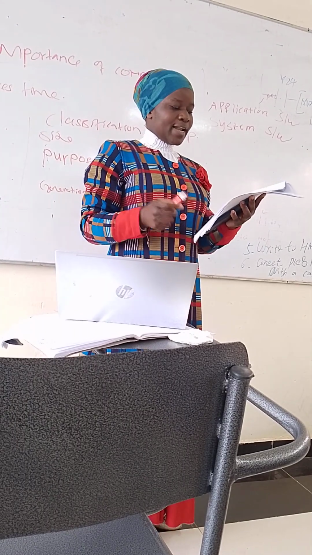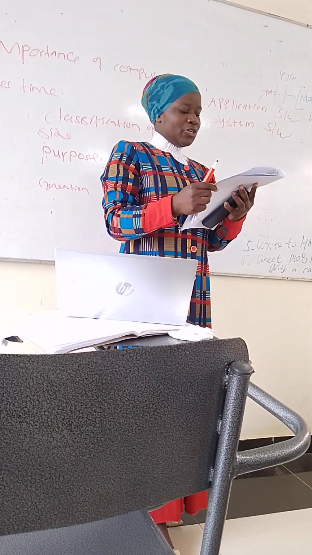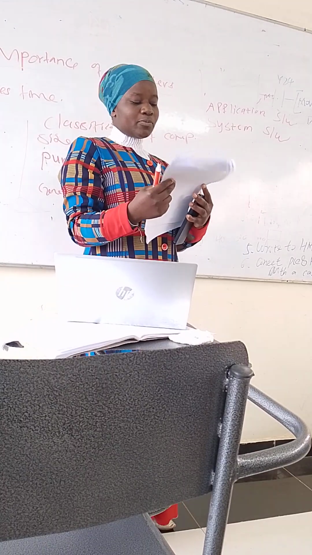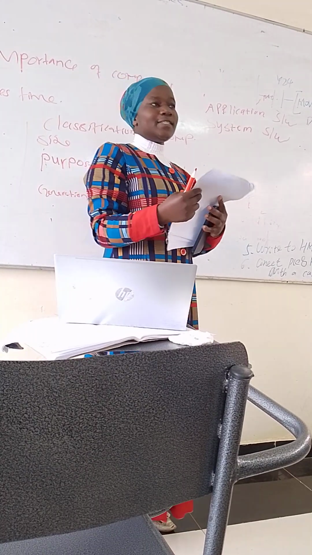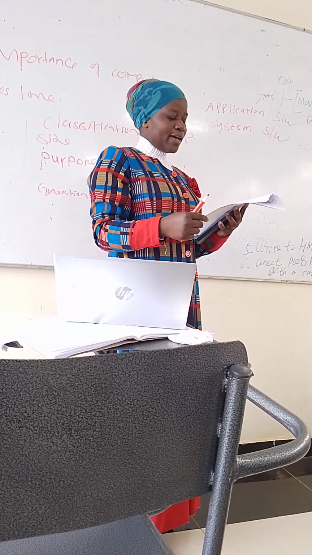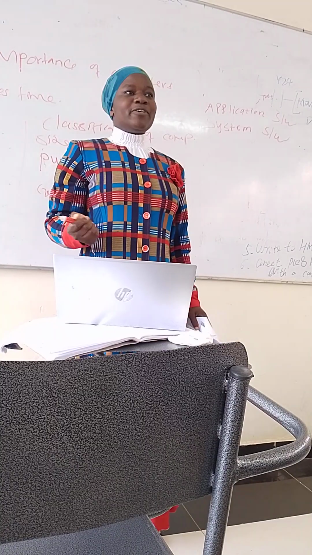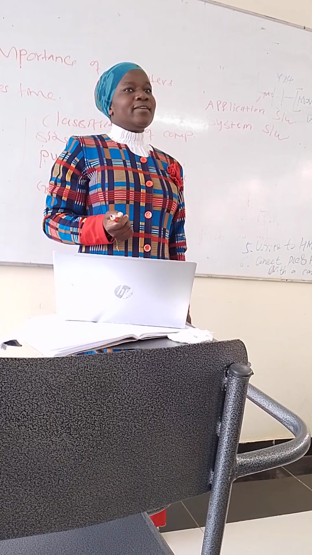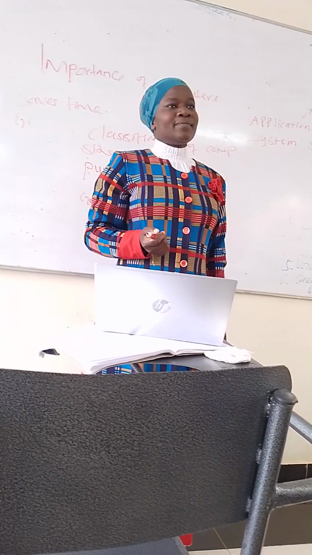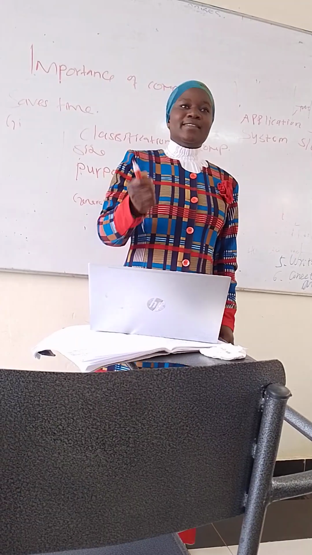That is another type of computer software. Utility programs, these are small software tools that help maintain or manage a computer. Who can tell us an example of utility software? Yes? Java software. Yes, that is correct.